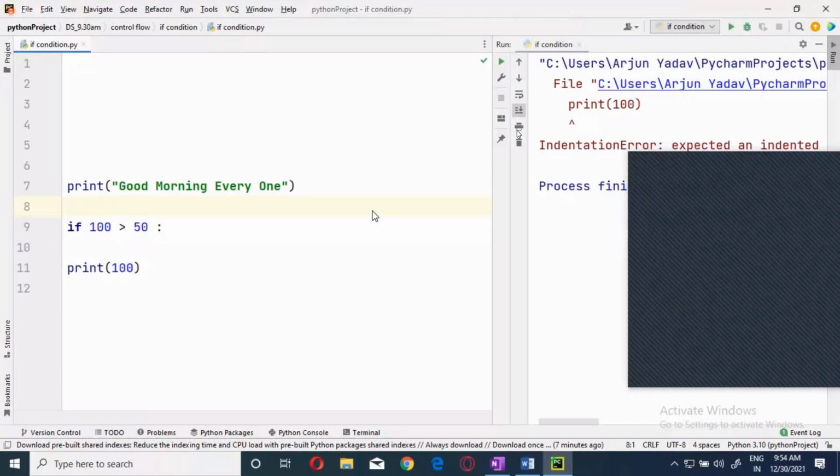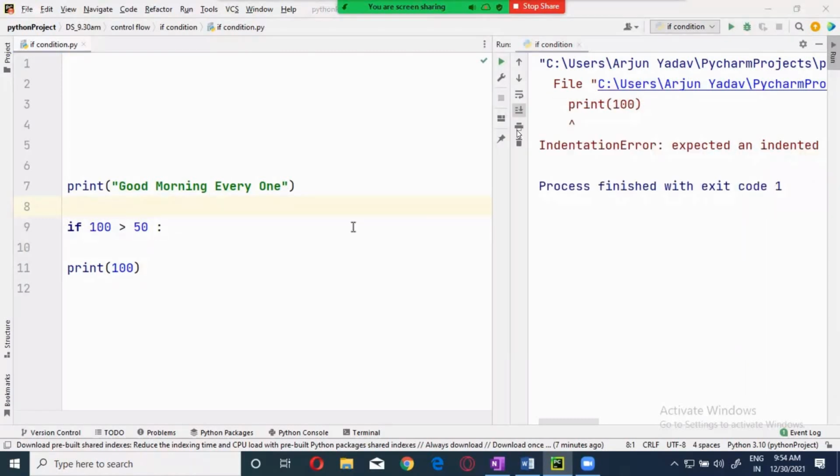Now you may ask me where I'm saying that. The colon indicates to the interpreter that this statement is having a block of statements under it. Suppose it is having a block of statements under this, I will keep it as a block of statements under the if condition.